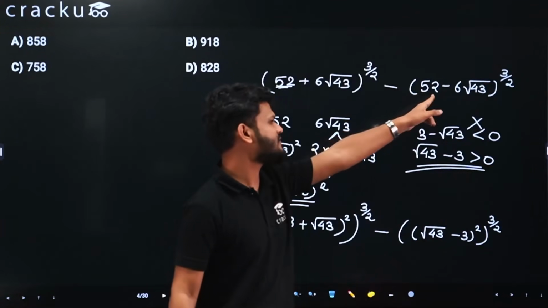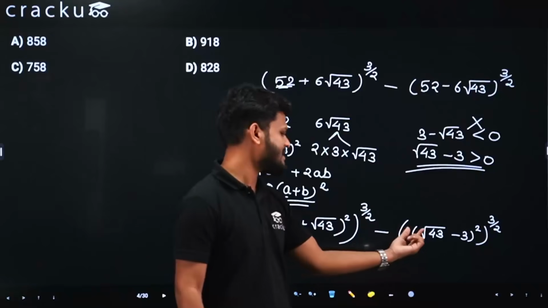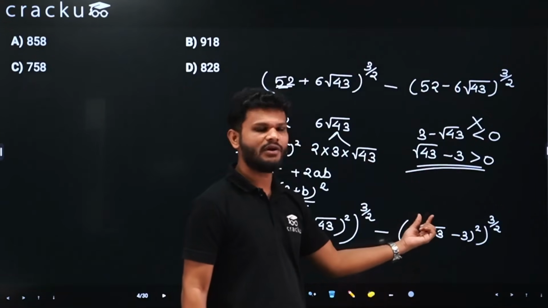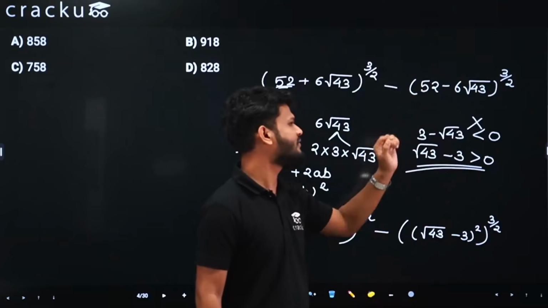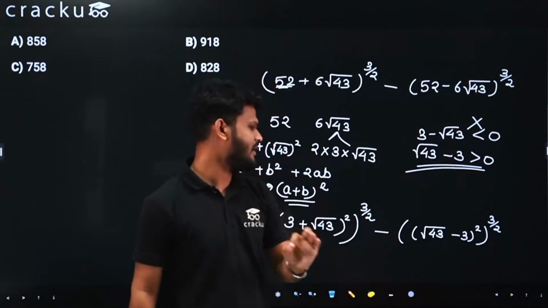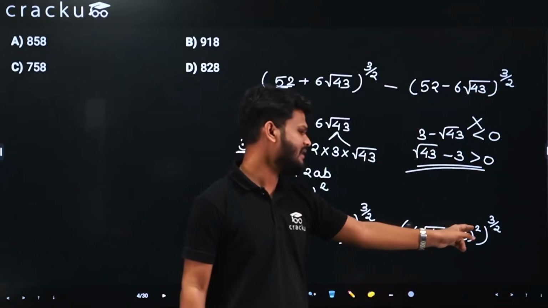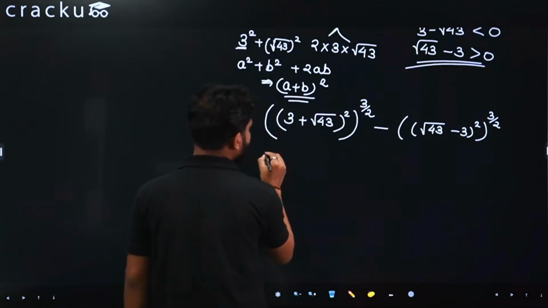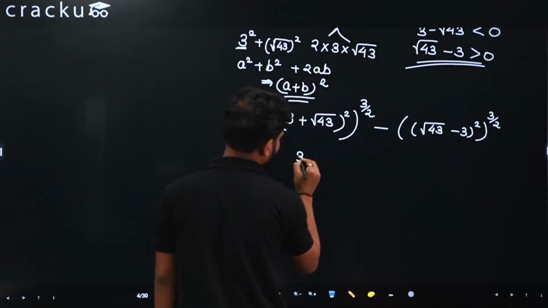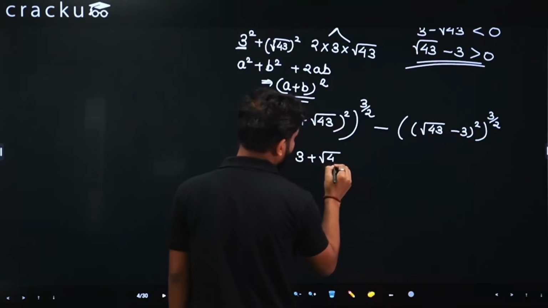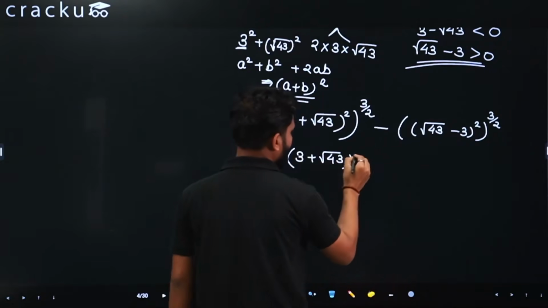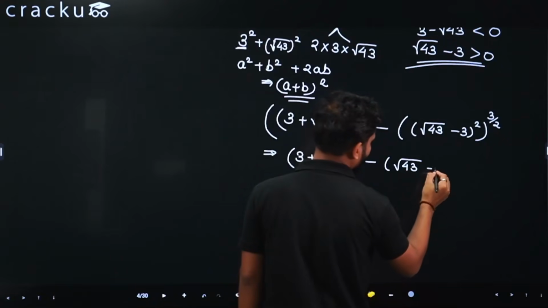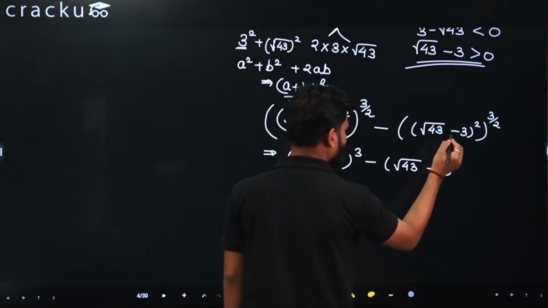So I am writing this 52 minus 6 under root 43 as under root 43 minus 3 whole square. Under root 43 square will be 43, 3 square will be 9, it will be 52. Minus 2ab, so this is under root 43 minus 3, which is minus 6 under root 43. So this will be 3 plus under root 43 cube minus under root 43 minus 3 cube.